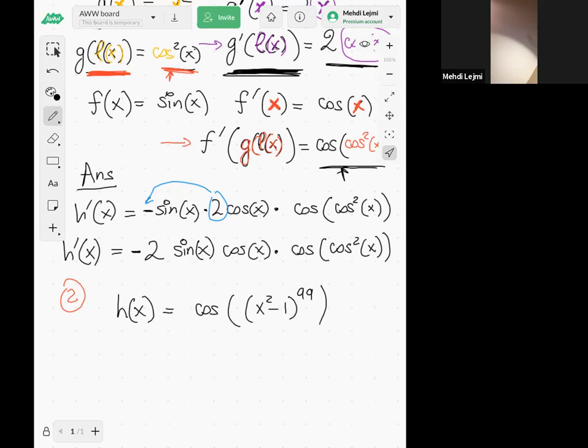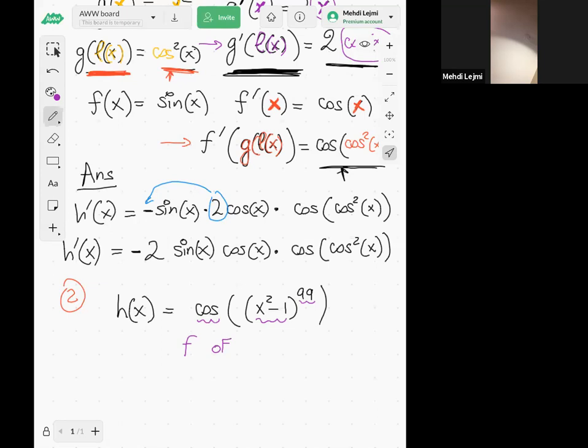So the question, guys, is how many functions do you see there? How many functions can we compose to make this h? You can see there's cosine, which would be my first function. There is this power 99, and there is this x squared minus 1. So it looks like we have 3 different functions. Cosine of what?